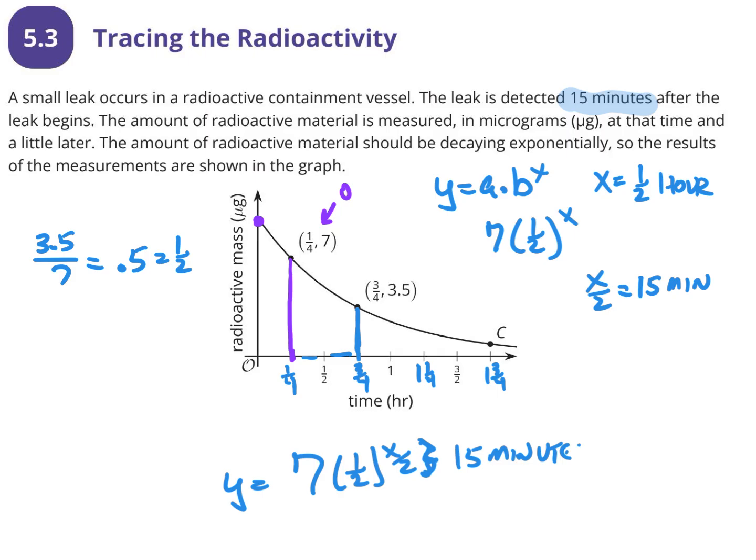I must do all this analysis before I start my problem. Once we put this into the calculator, we can do anything from there. So 7, 1 divided by 2, close the parenthesis, caret x divided by 2.